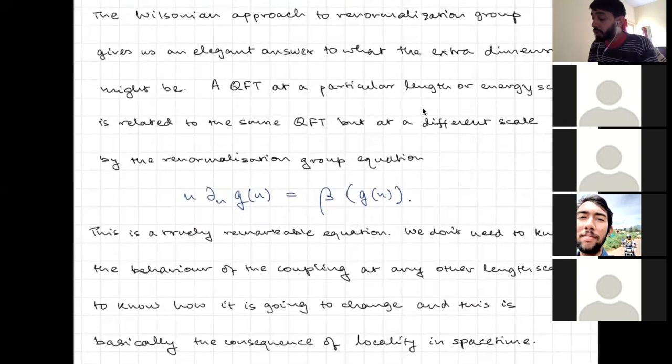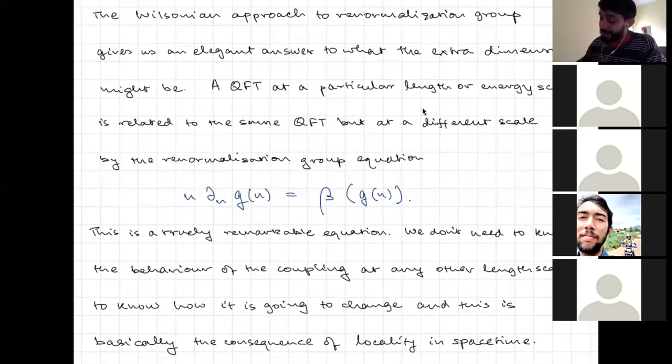We do not need to know what the behavior of the coupling is at any other length scale in order for us to know what is going on in this scale, okay? So this is a remarkably local equation. You just see that this is something that we need to know only at u, okay, not at some other u prime.